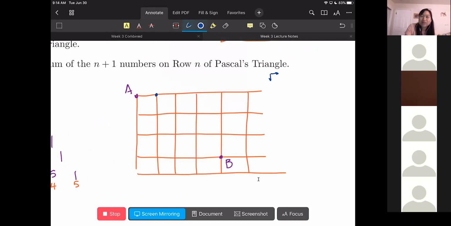It's kind of an easy question. There's just one, because I can only go from here to here. Similarly, how many ways are there to get here? Just one. How many ways are there to get to this point from A?